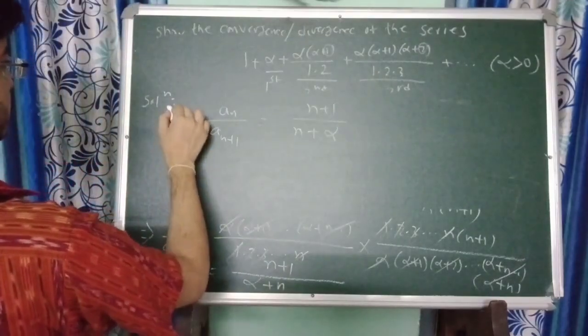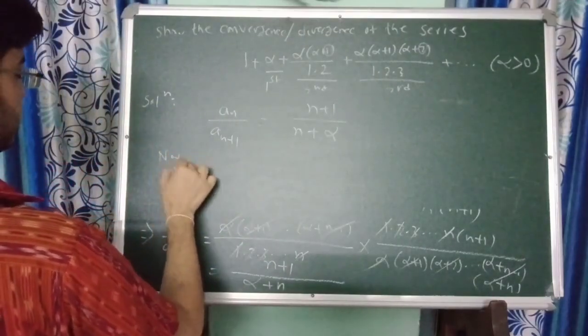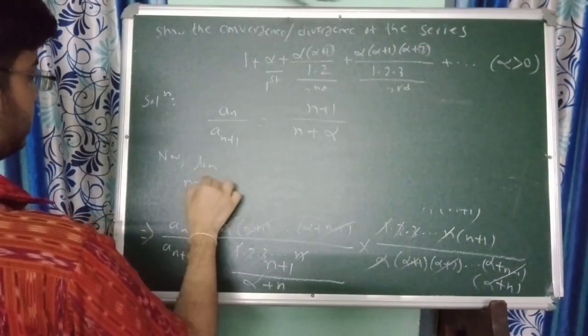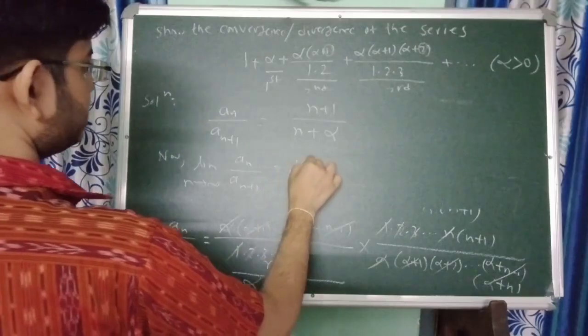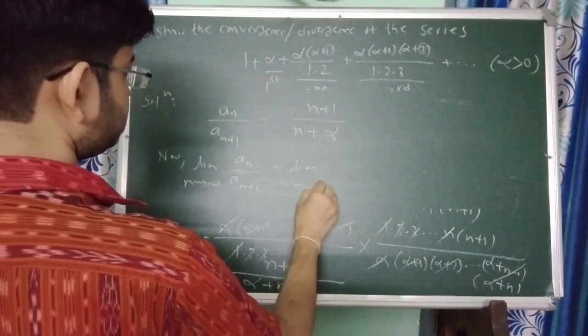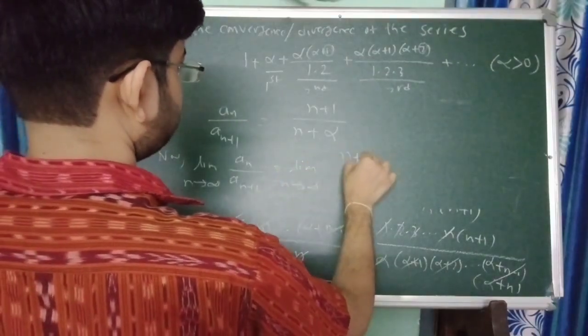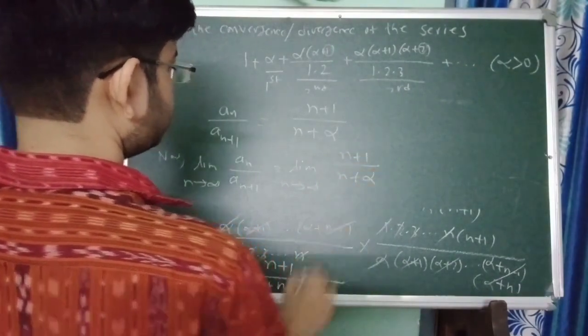Now the limiting value of a_n by a_(n+1) equals n plus 1 divided by n plus alpha.